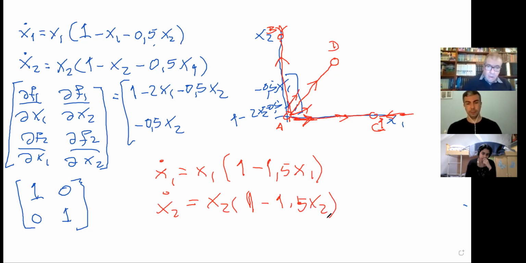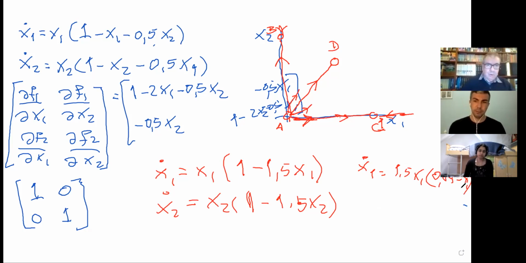And they are going here. So now you can take the 1.5 from here, and this is the same as having x1 dot equals 1.5 x1 times (1 divided by 1.5, which is 0.67, minus x1).